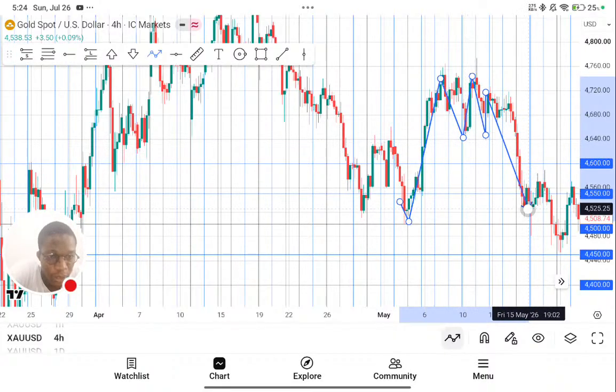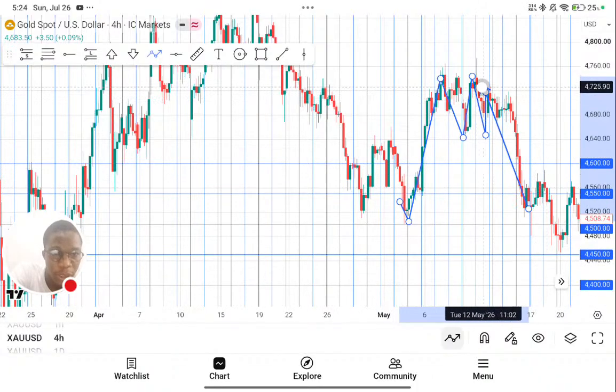This is an indication that the sellers are taking charge. I'm already seeing that the sellers are taking charge, but we don't know yet why, because this is a higher high, right?